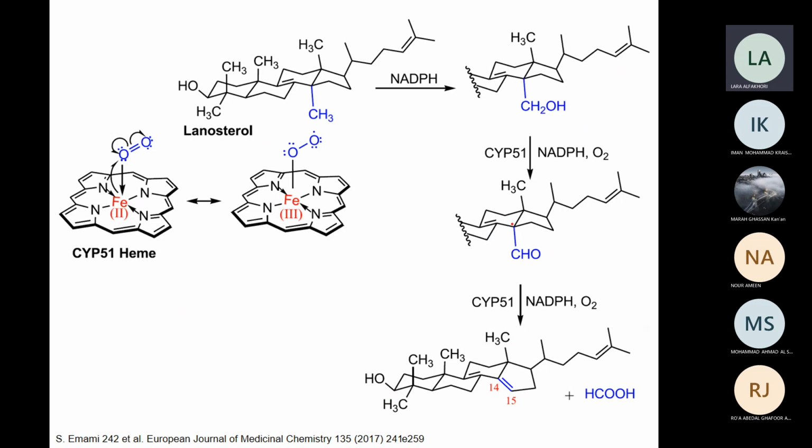In the figure you see here, this is the heme part, which is a cofactor bound to 14-alpha demethylase. And what you see here is lanosterol. That's the substrate from which the enzyme removes the methyl from carbon 14.